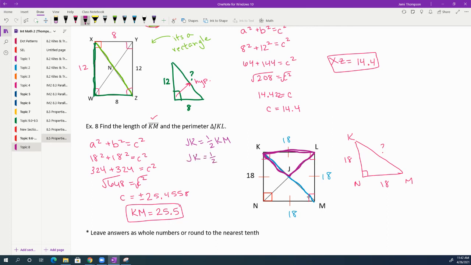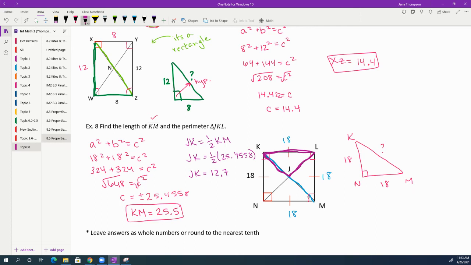So if I take half of 25.4558, I get 12.7. And it depends on how you round this, because if I take half of 25.5, then I get 12.8.